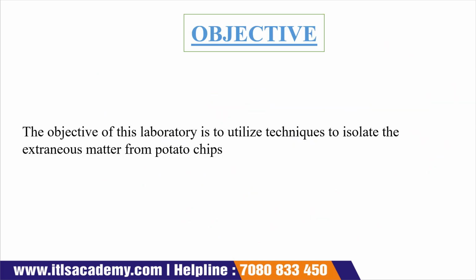The next topic is the objective of this experiment. Here the objective is that we use different techniques so that we can determine the extraneous matter present in our potato chips. The food sample here is potato chips.